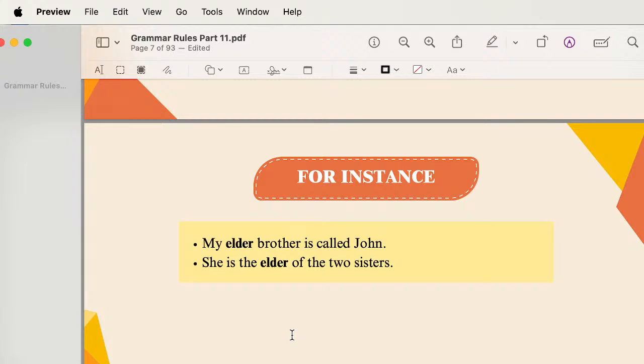Now again, you're comparing two sisters, two members of the same family, and one is more in age than the other. So in that case, you're supposed to use elder. But for older, it is nothing like that. Whosoever is more advanced in age, be it thing or people, you can use older, but for elder specifically, you have to be conscious. Right?